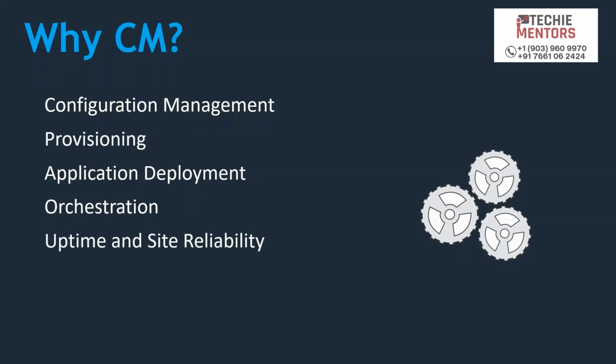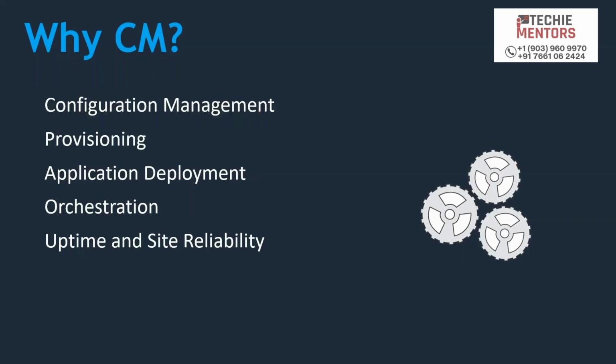At last, we have uptime and site reliability. The major problem in the real world occurs whenever you are doing changes. Changes are causing a lot of outages. That is the statistic: 70% of the outages happen due to changes.